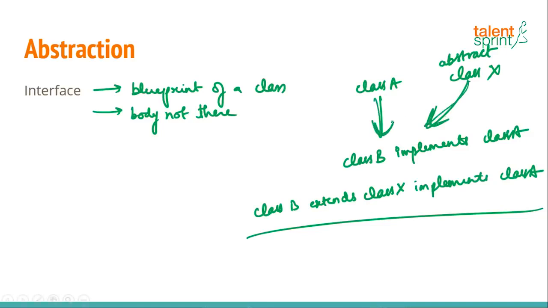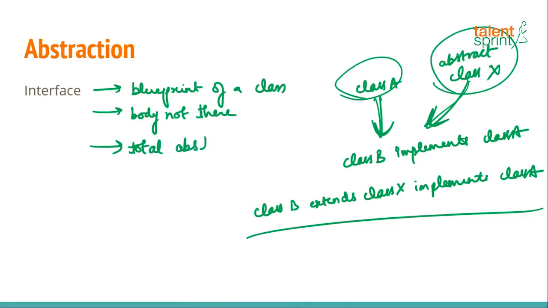It will have both features of this class A as well as of this class X. Alright, so what interfaces help with is they provide total abstraction, as there is no function in an interface with a body. So we basically say that interfaces provide total abstraction in Java.